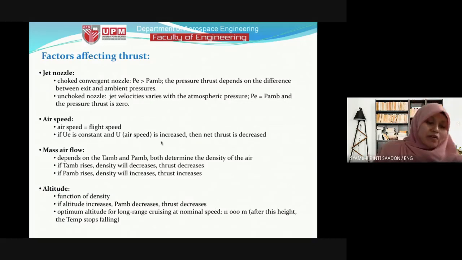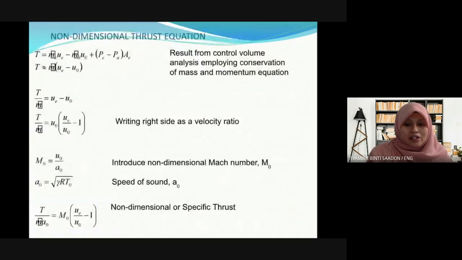Next, factors affecting thrust: airspeed. Airspeed, or sometimes we call it flight speed, is U or U naught. If the exit velocity UE is constant and the airspeed or flight speed is increasing, then the net thrust will decrease. This can be seen through the thrust equation just now.